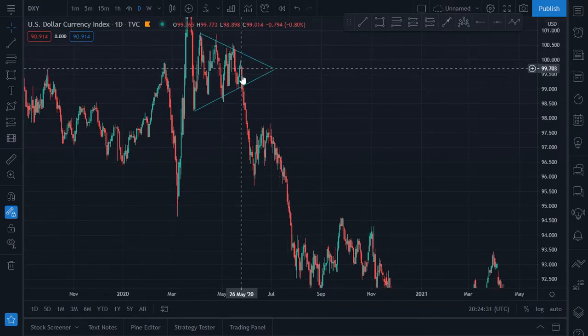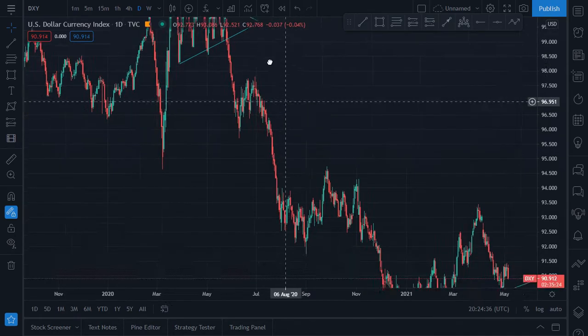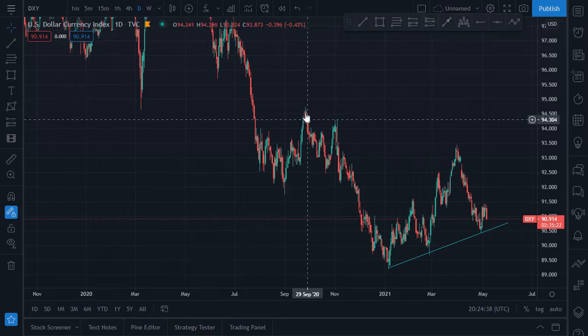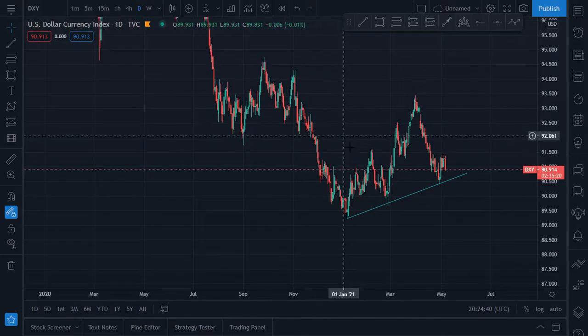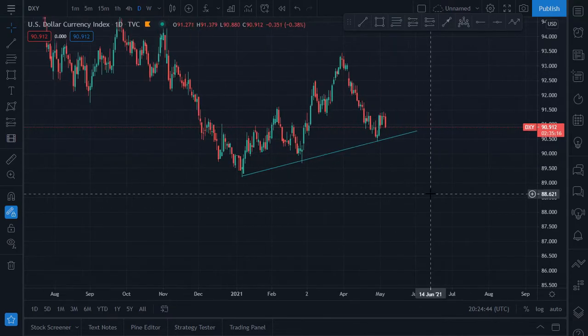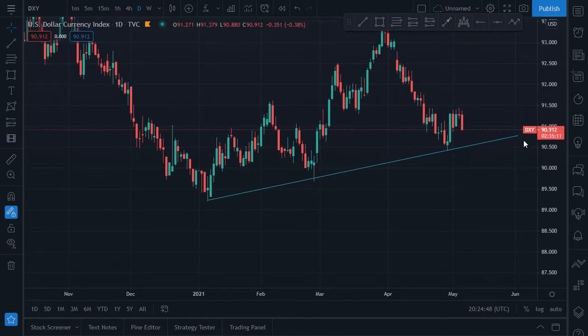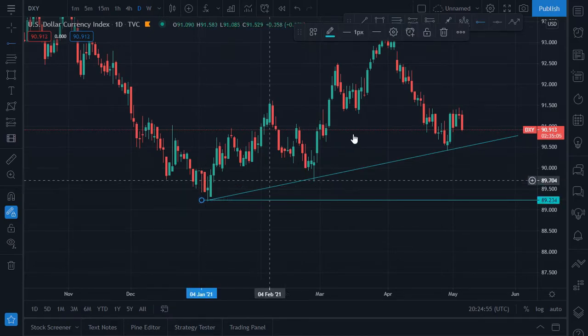Then we broke out of that structure, created a lower high, lower low, lower high, lower low. So this is our lowest low, and we can just mark that off.